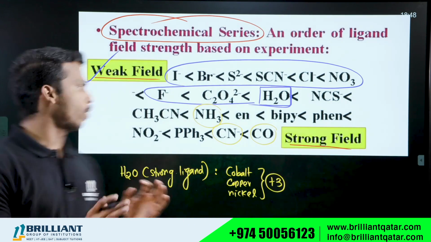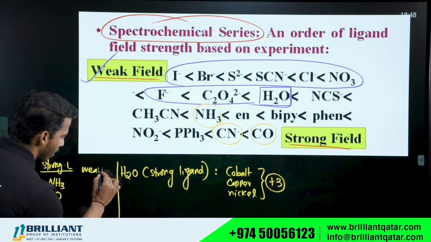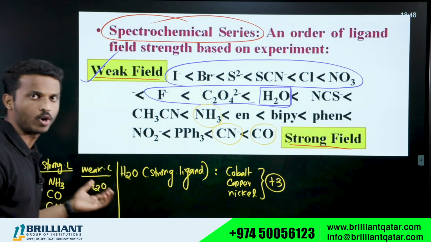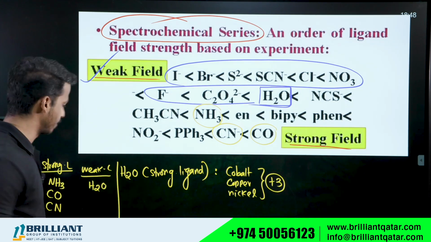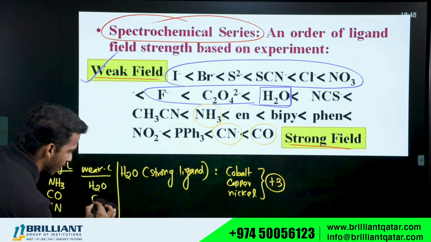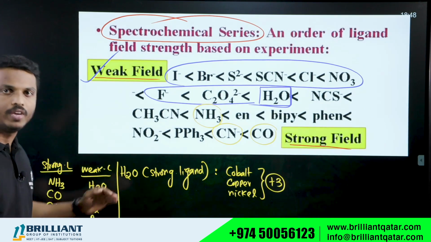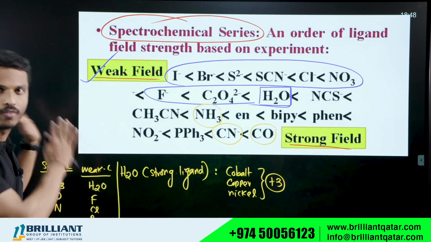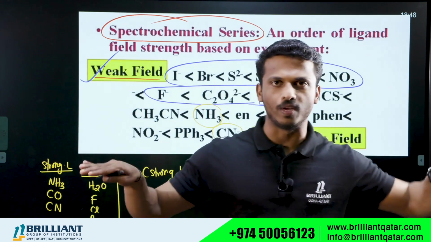And what are the weak ligands they normally give in exams? Weak ligands are commonly aqua, water. I told you about water: in normal cases they are weak, except in those cases. And halogens like fluorine, chlorine, bromine and iodine belong to weak field ligands. So there are two types of ligand, strong and weak.